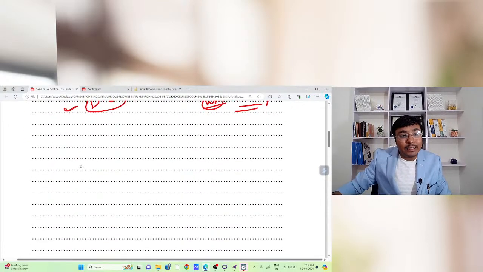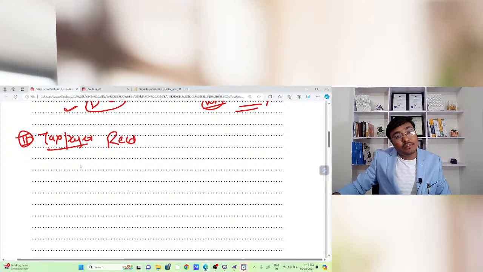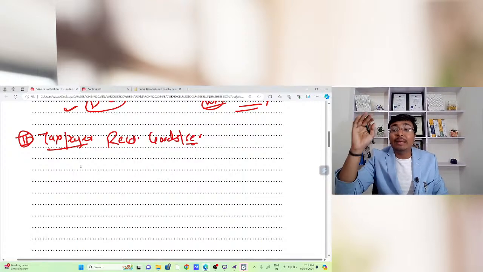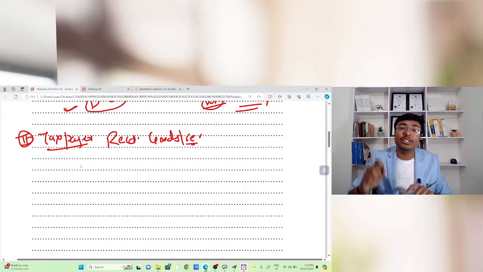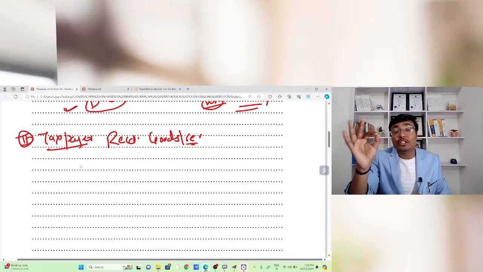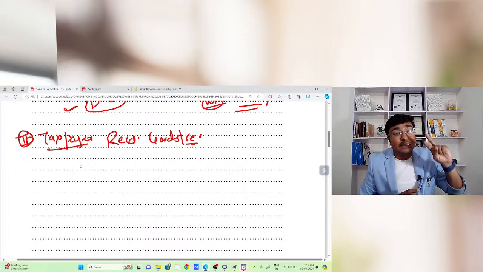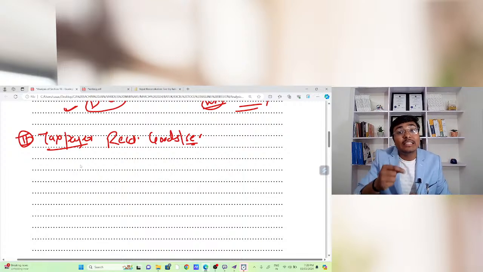Now, second condition, the taxpayer has received the goods or services. For claiming the input tax credit, the first condition is that the invoice is to be there with the taxpayer. Second condition is that the taxpayer has received the goods.